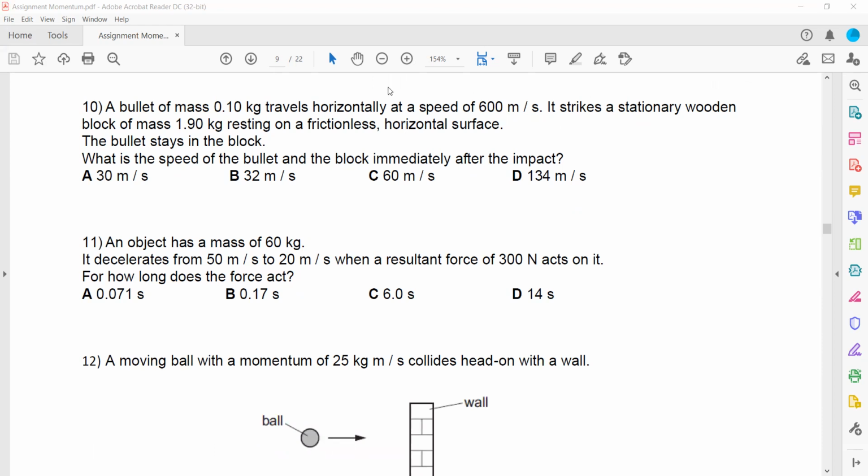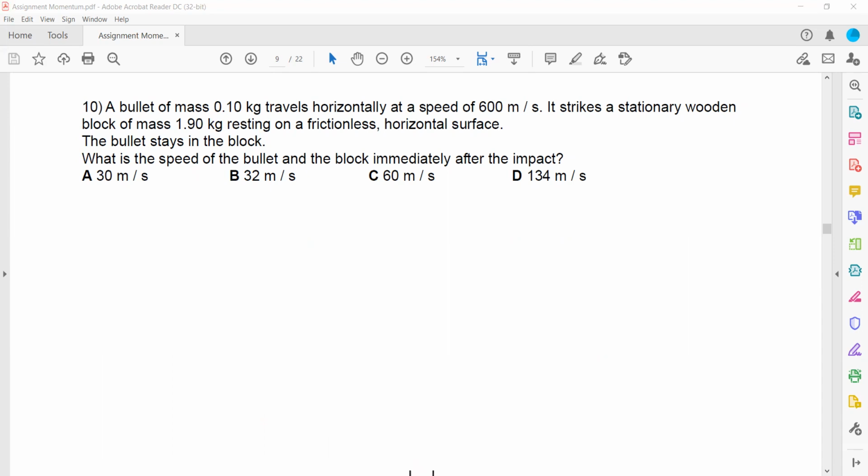The next one: a bullet of mass 0.1 kilogram traveling horizontally at a speed of 600 meter per second.